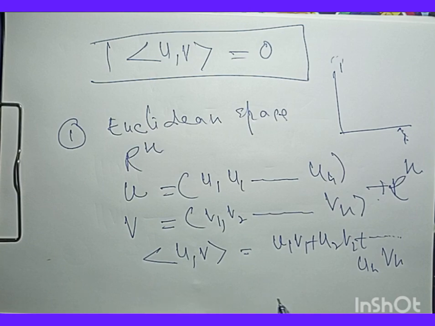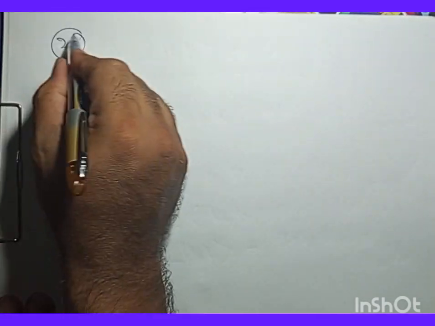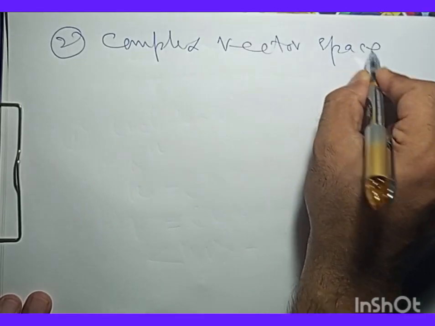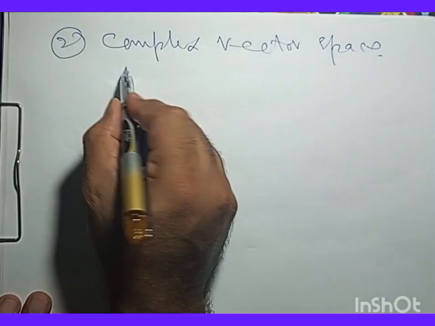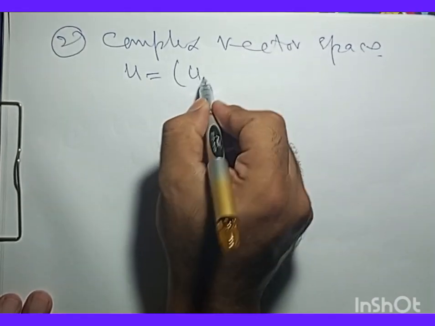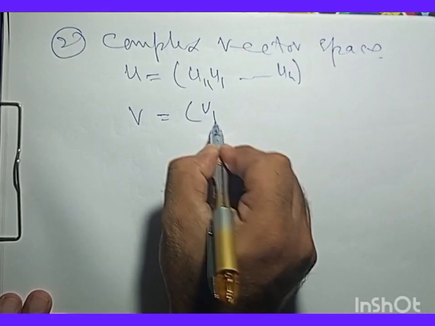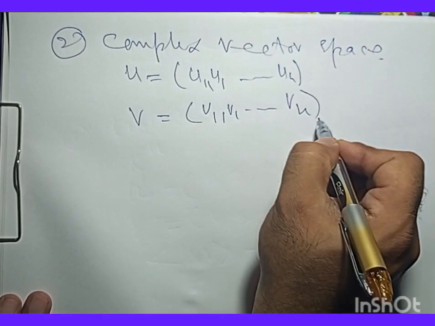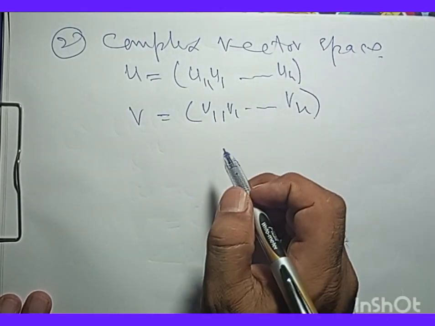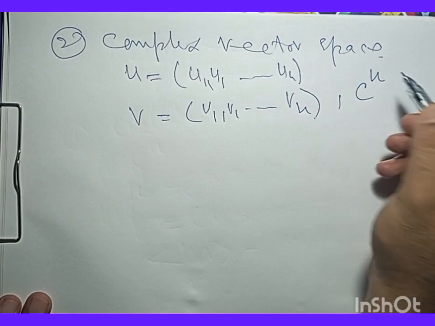And if I take the same thing in complex vector space, now I have defined two vectors, u and v, made of u1, u2, and so on up to un, and v1, v2, and so on up to vn. In Euclidean space we have the real space, and here we have the complex space C to the power of n.